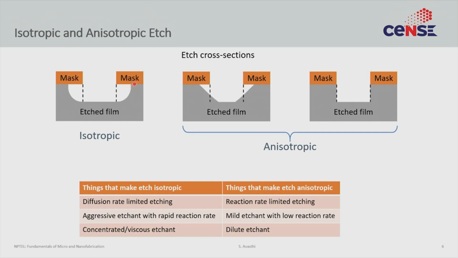Now I have shown here the extreme case where it's completely isotropic, so the depth it etches to and the lateral width it etches to is exactly the same. But this is an exaggeration, that doesn't always happen, but it's still indicative of what can happen. Now this does two things. Number one, it makes the opening that you actually get slightly wider than the opening that you had designed it for.